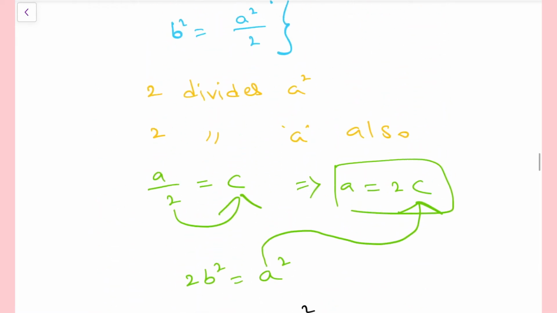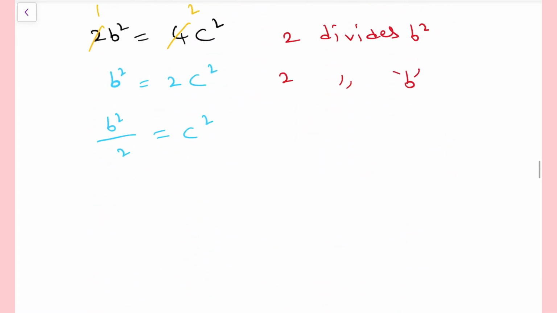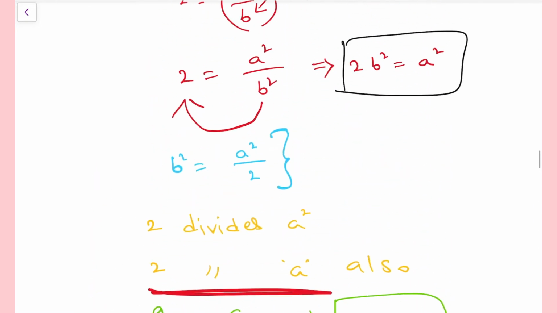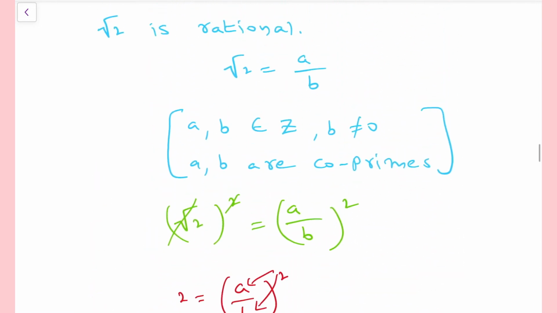From the previous sentence, 2 divides a and here 2 divides b. We can do one conclusion, that is 2 divides a and b. So 2 divides a and b means for the a and b, the common factor is 2. But it contradicts the fact that a comma b are co-primes. Co-primes means what? A comma b will be having only number 1 as the common factor.